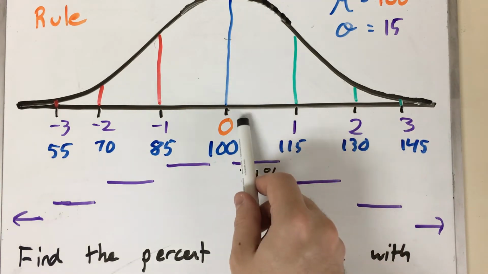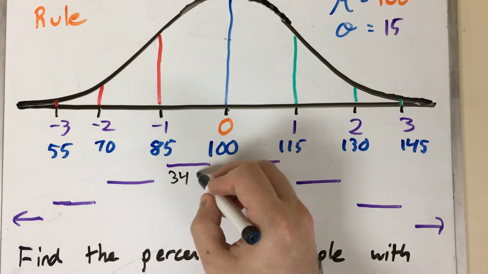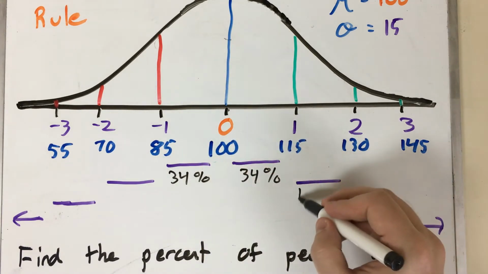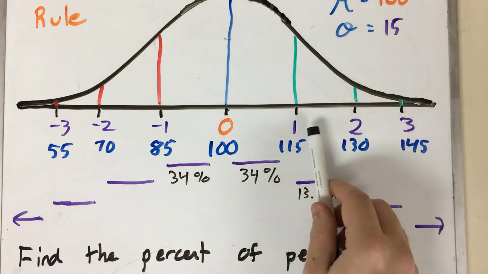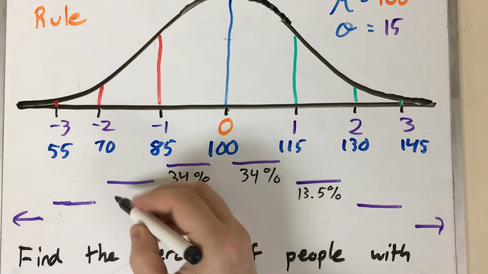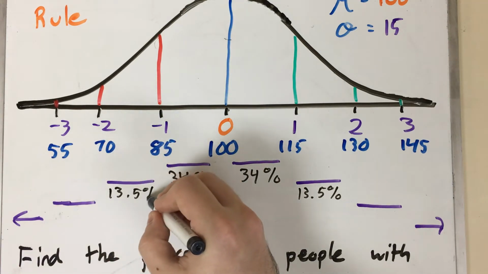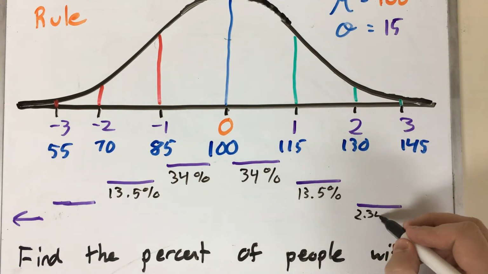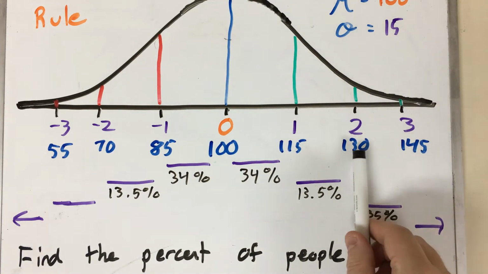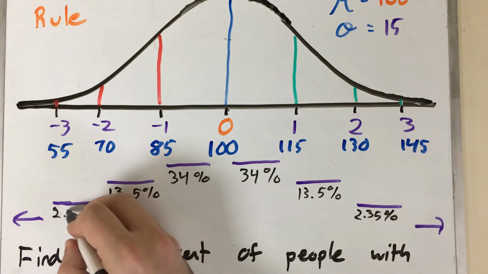34% of data is between 0 and 1, also between -1 and 0. 13.5% of data is between either 1 and 2 standard deviations, or -1 and -2. Over here we have 2.35% of data between 2 and 3 standard deviations, also between -2 and -3.